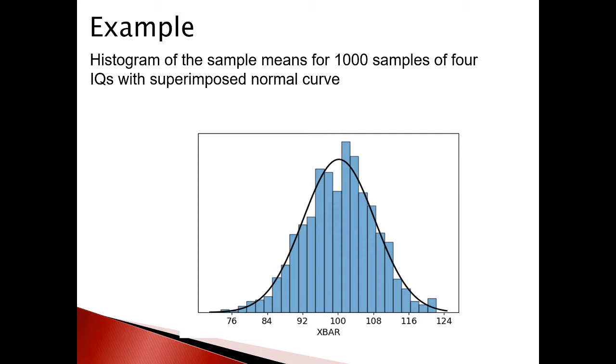Let's interpret the figure. This figure suggests that x bar is normally distributed, that is, the possible sample mean IQs for samples of 4 people have a normal distribution.